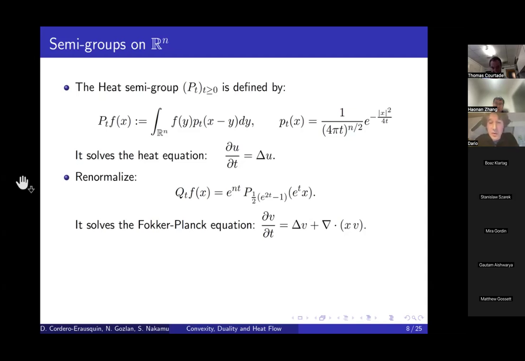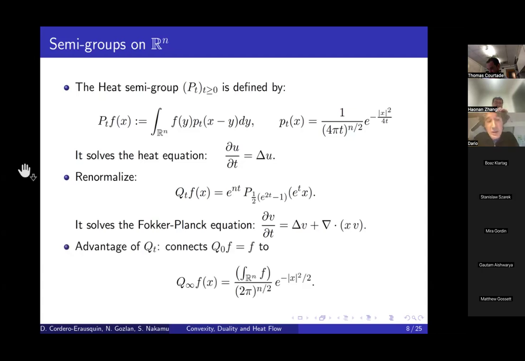And it evolves according to this equation, Laplacian of v plus divergence of x v. And the advantage of this semigroup Q_t is that it connects f exactly to a Gaussian at infinity, a Gaussian which has some weight, which is the integral of f. And this has to be because both the heat semigroup and the Fokker-Planck semigroup preserve mass. So we will use this semigroup.